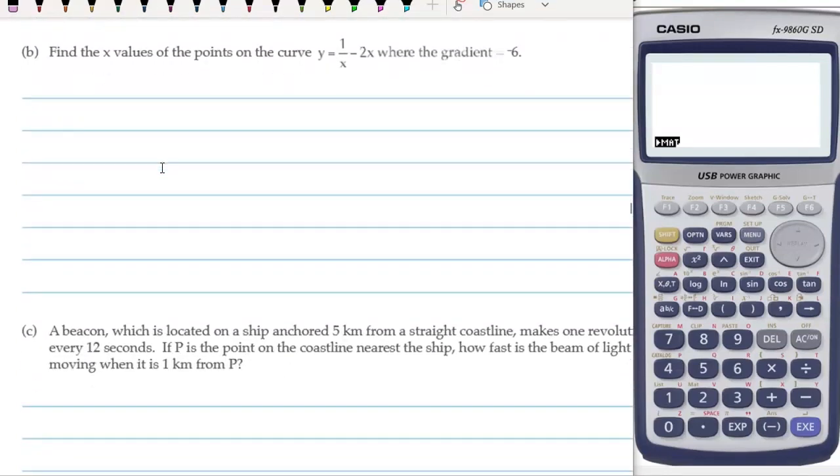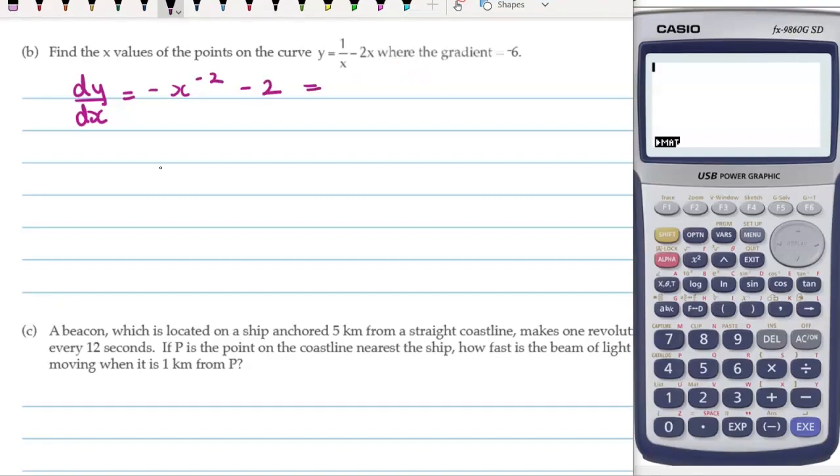Okay, part B, we want the x values on this curve where the gradient is -6, so we need to have a gradient function first. So dy by dx is going to be 1 over x. Rewrite this as x to the -1, and you'll see that it's going to be minus x to the -2 if we differentiate it.